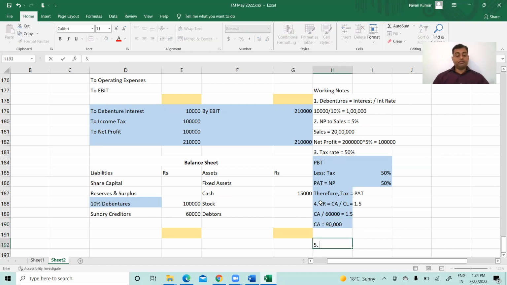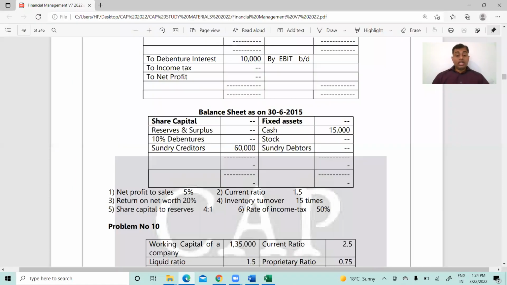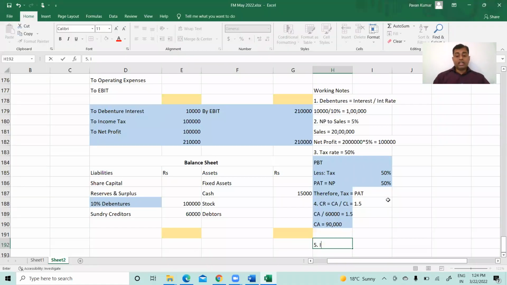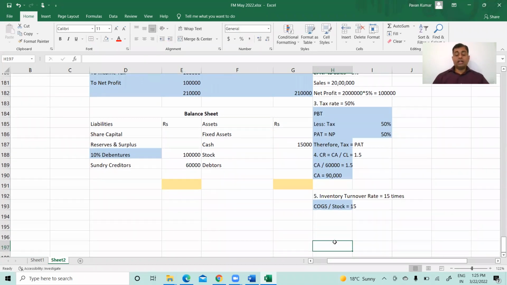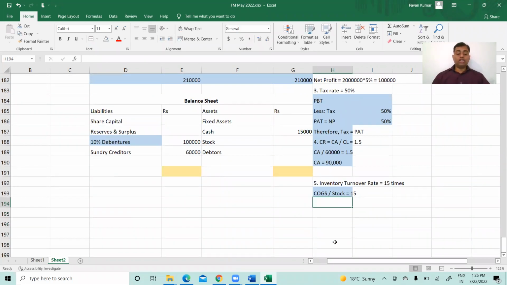Working note 5. Inventory turnover 15 times. Tell me, what is inventory turnover rate? Formula bolo. Cost of goods sold divided by average stock. Cost of goods sold divided by stock is equal to 15.